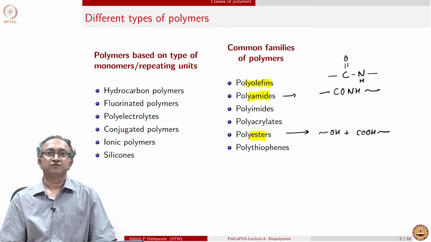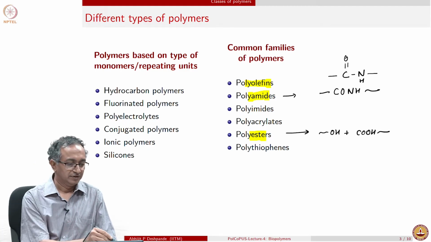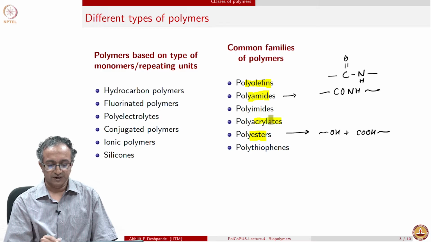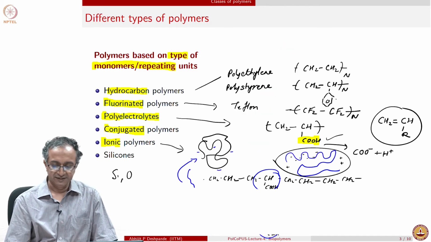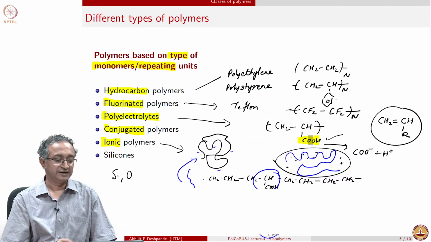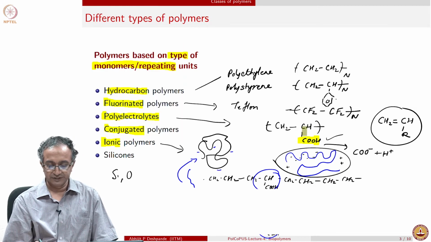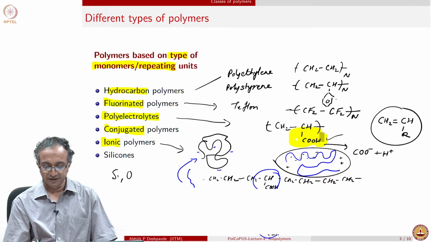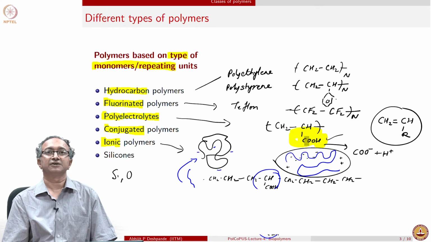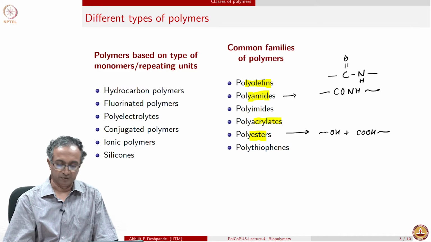Another important class of polymers which are quite widely used are polyacrylates. In this case, the acrylic group, if you remember on the previous slide, we looked at acrylic acid, polyacrylic acid, which is nothing but CH2CH and COOH. So instead of hydrogen being here, if various other groups are substituted, then we get an acrylic family of polymers.